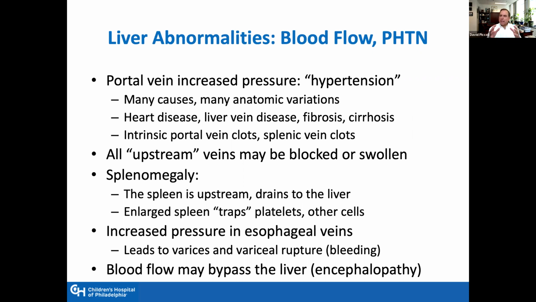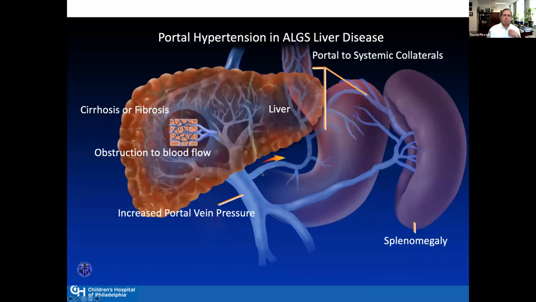You heard in the last hour about thick-walled things and thin-walled things. They're thin-walled, and so when they get a lot of pressure, they expand a lot. And when they expand a lot, they can actually rupture and cause life-threatening bleeding. Also, sometimes the pressure is so high that the blood just wants to bypass the liver and go a different way. It can make even its own shunts.